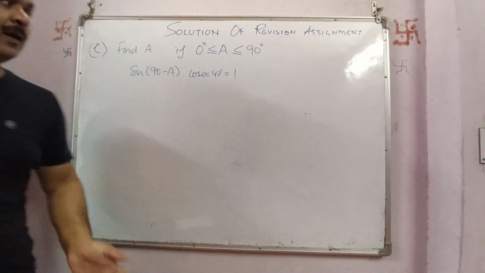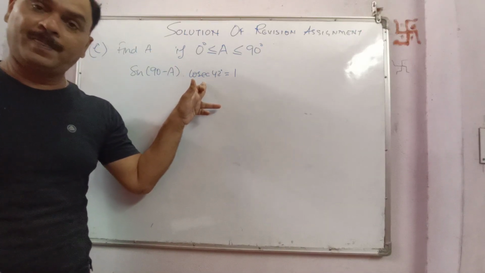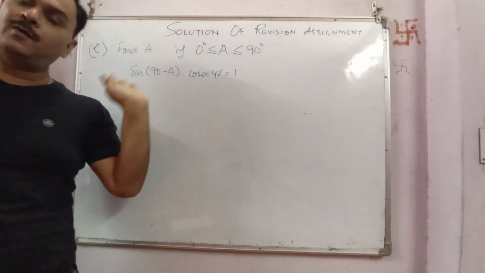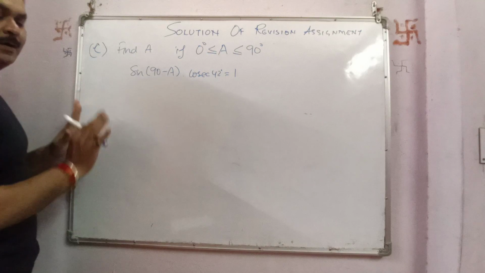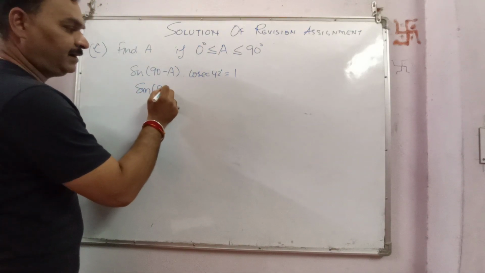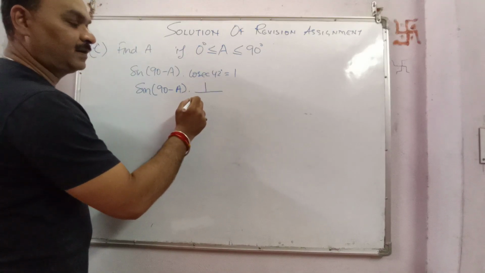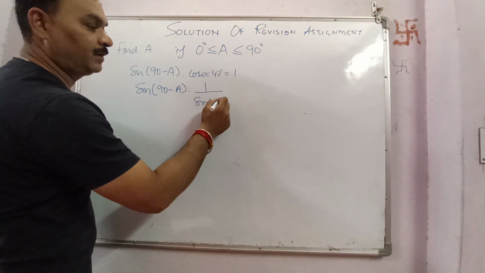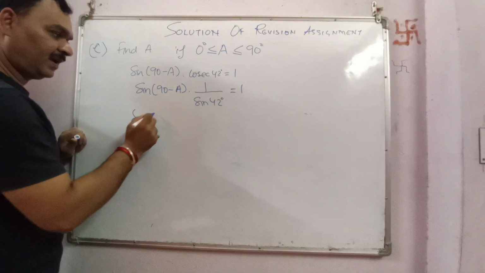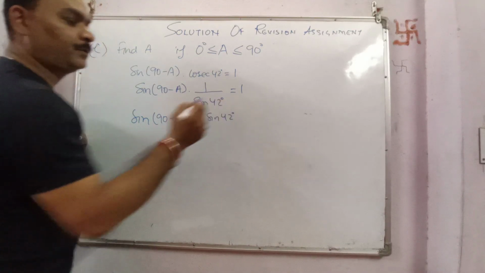Now the question is very tempting. Whenever students see sine 90 minus A, they know sine 90 minus theta is cos theta. But they know that cosec 42 is 1 upon sine 42, and now they become confused how to equate sine with cos. So hold your temptation. Just write sine 90 minus A. As we know that cosec is the reciprocal of sine, this can be written as 1 upon sine 42 is equal to 1.